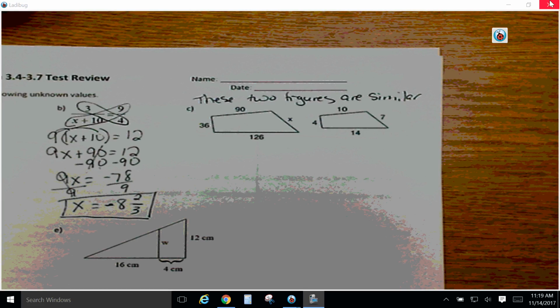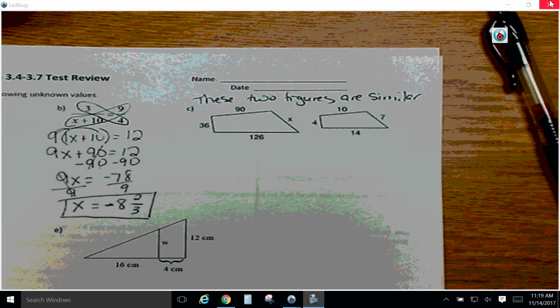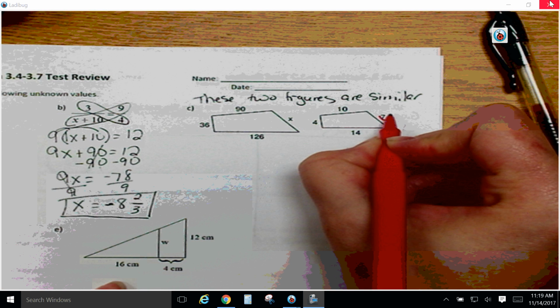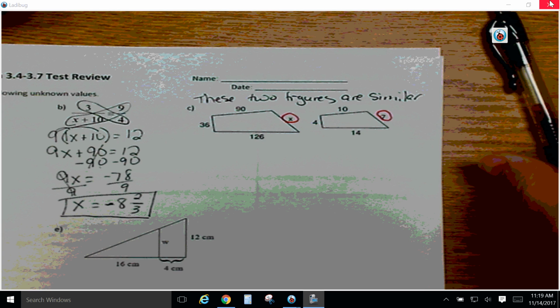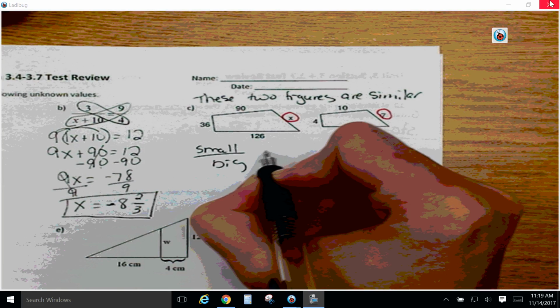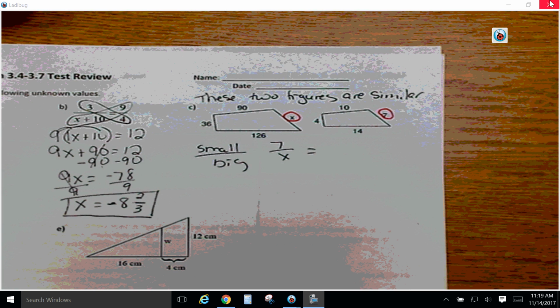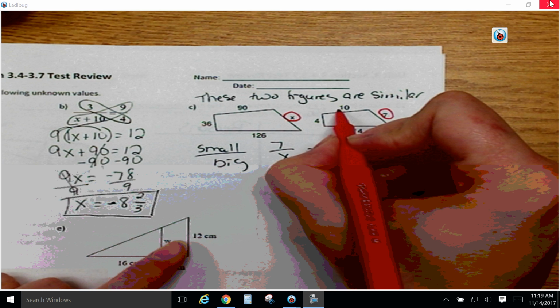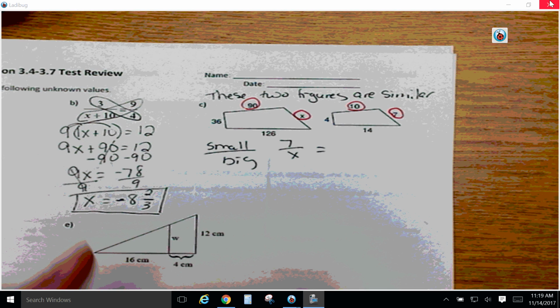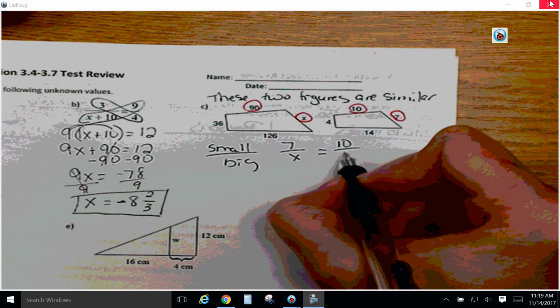So because you know that these two figures are similar, you can set up a proportional relationship. I always like to do small to big, but just make sure you keep it straight, small to big. So 7 goes with x equals, and then I just have to pick one. I'll go with 10 and 90. So 10 goes with 90.